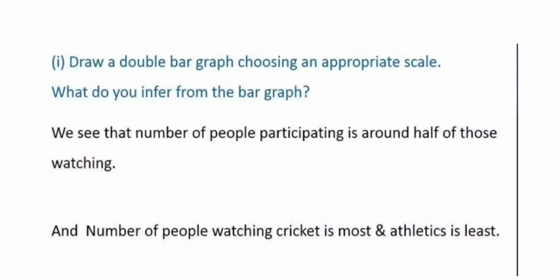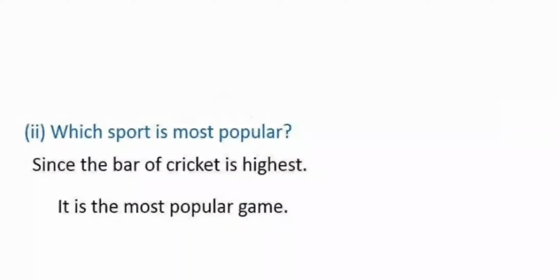Draw a double bar graph, choosing an appropriate scale. What do you infer from the bar graph? We see that the number of people participating is around half of those watching. The number of people watching cricket is the most and athletics is the least. Which sport is the most popular?